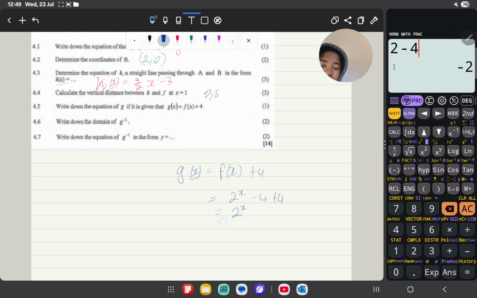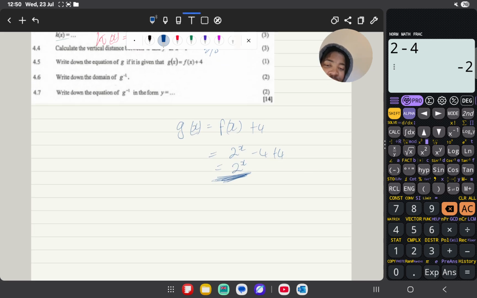Now this is your g of x. Oh, we don't find the domain of g of x, we find the domain of its inverse, right? So that means you find the inverse.